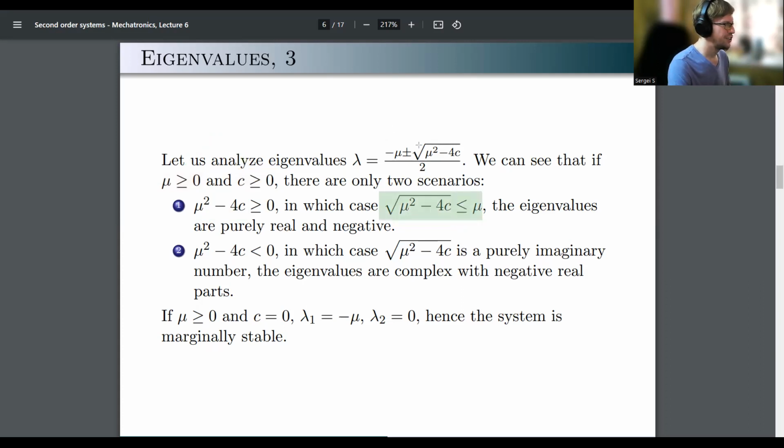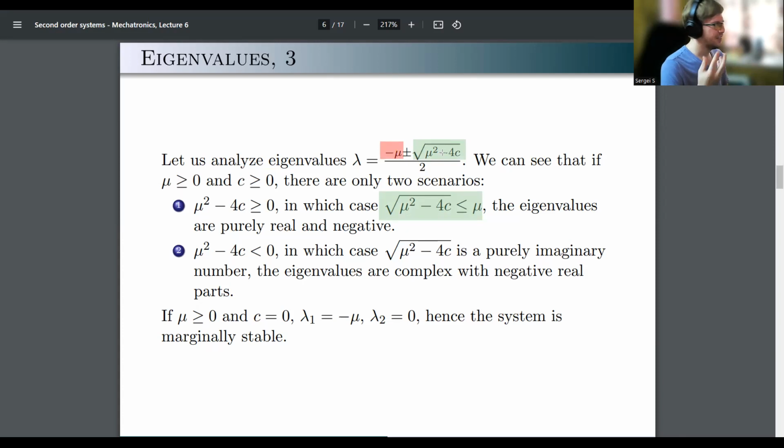So if you look here, what we recognize is that it is a plus or minus value that is less than mu, plus negative mu. So this is a negative value equal to mu. This is a positive or negative value, which is less by magnitude than mu.